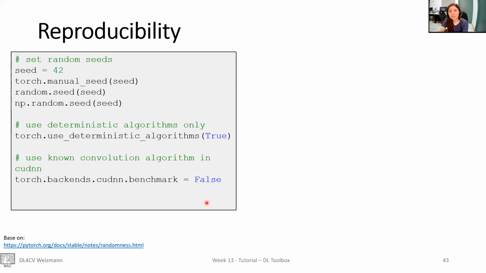And that means that if we run our code on different machines, then we might find ourselves having different results. So if we set this benchmark to be false, we're not allowing CUDA to choose different algorithms, and we ask it to always use the same one. And again, the disadvantage here is we might have a drop in performance.